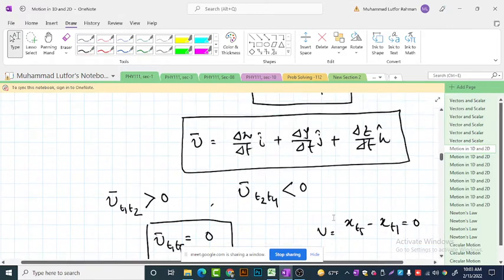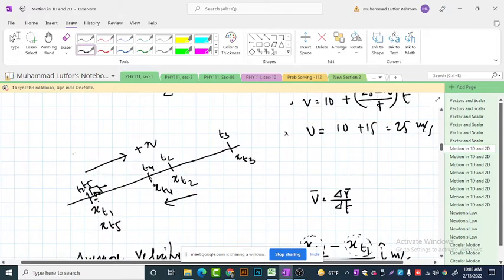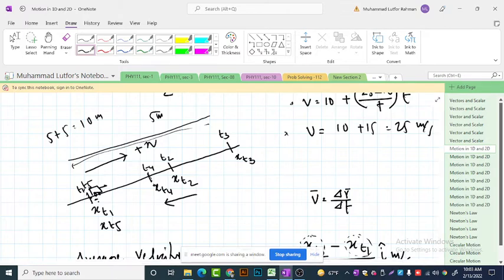So for simplicity, say the distance it goes is 5 meters, then it comes back again 5 meters. So the total distance in that case, 5 plus 5, is 10 meters. And whatever the time it takes, you divide by that and you will find the average speed. But the average velocity is 0 over here.